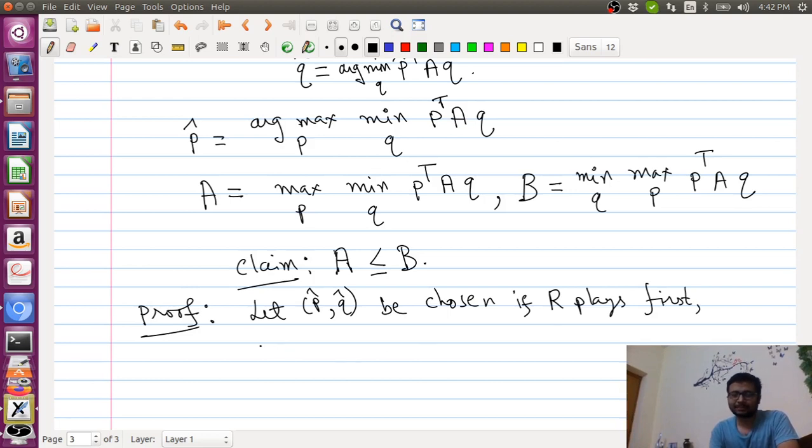And let us say if C plays first, then the pair of strategies that get chosen are P tilde and Q tilde.